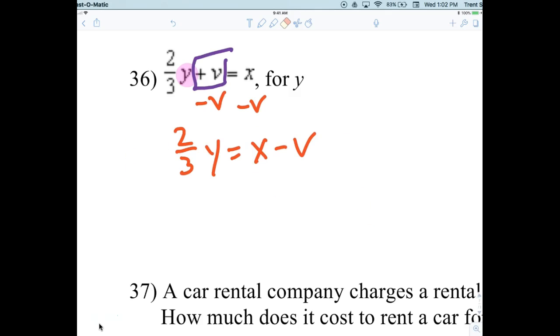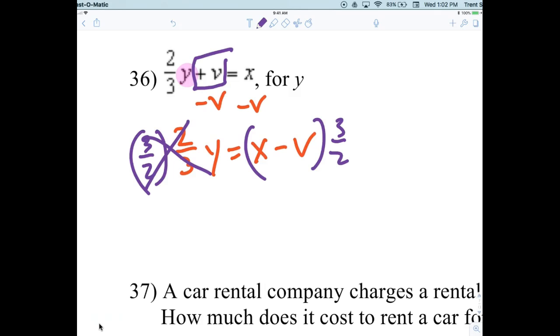You agree with that? Now remember, to undo a fraction, we just say you multiply by the reciprocal. So I have to multiply this side by 3/2 also. Because what would happen to the 3/2 here? They do what? Cancel. So y is equal to 3/2 parentheses x minus v.